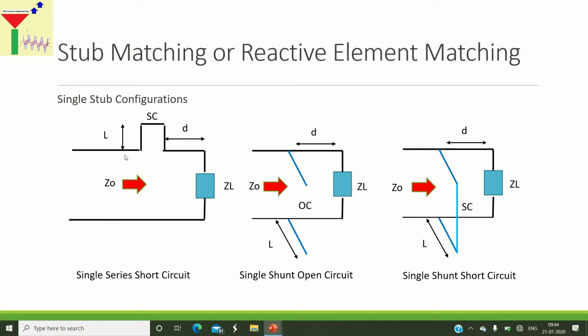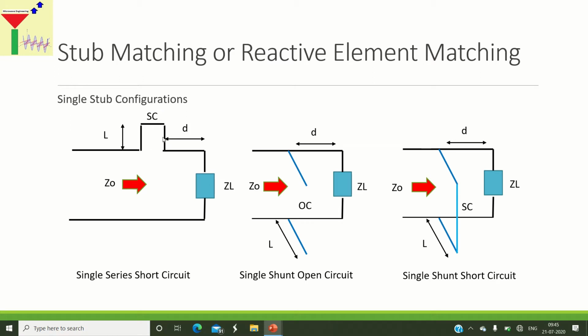So I cut the original transmission line into two portions, and inserted a transmission line which is short circuited at the end. This transmission line which I placed by cutting the original line is nothing but a stub element.